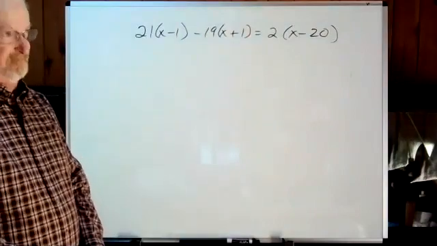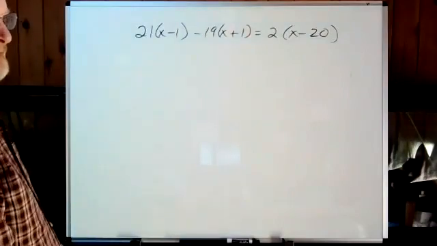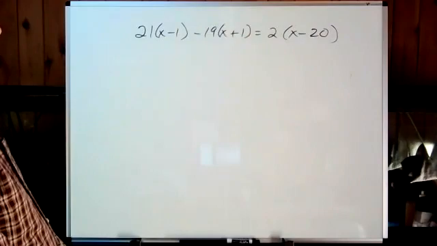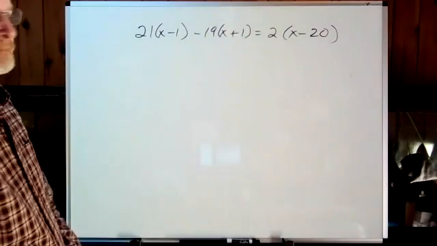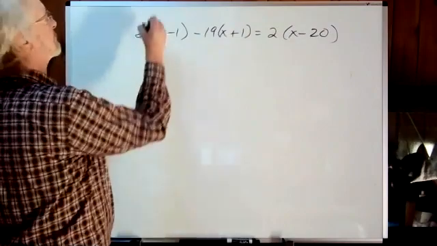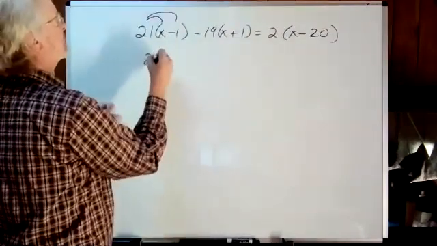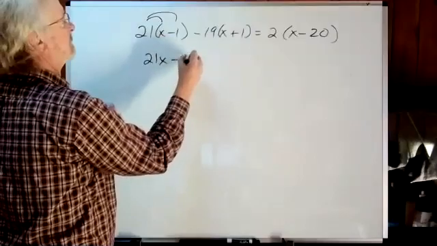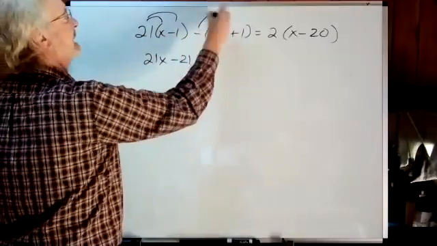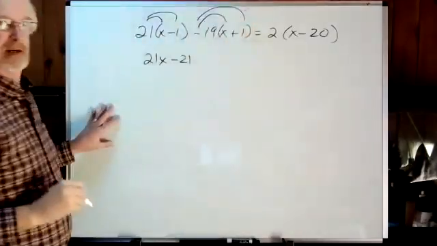Another one, for some reason similar to that last one. So I do have some distributing to do. 21 times each of those. Negative 19 times each of those.